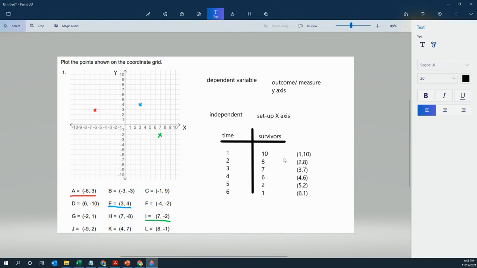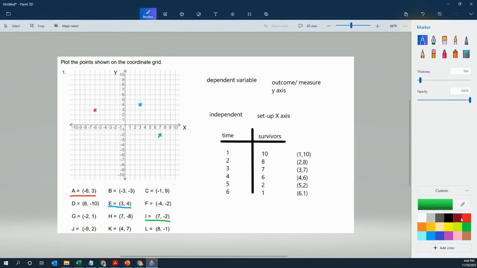So if you wanted to graph this now, you would start out with, we're going to give this a color. What do we not have yet? Purple. So for graphing survivors over time, you'd go 1 and up 10.